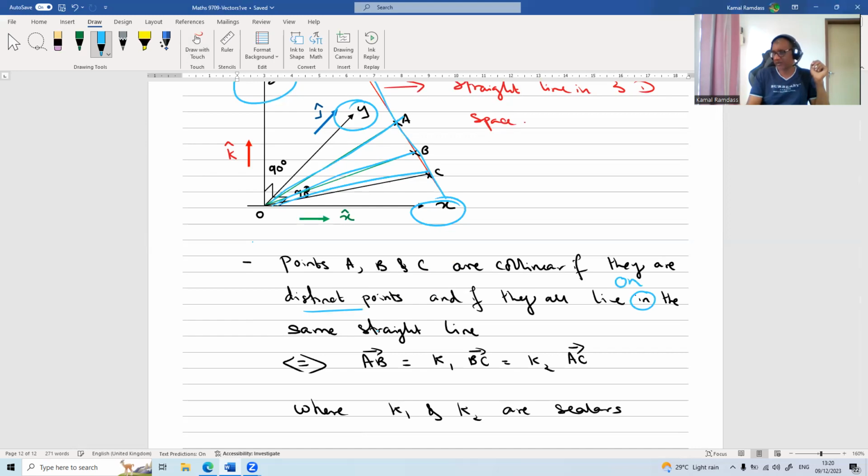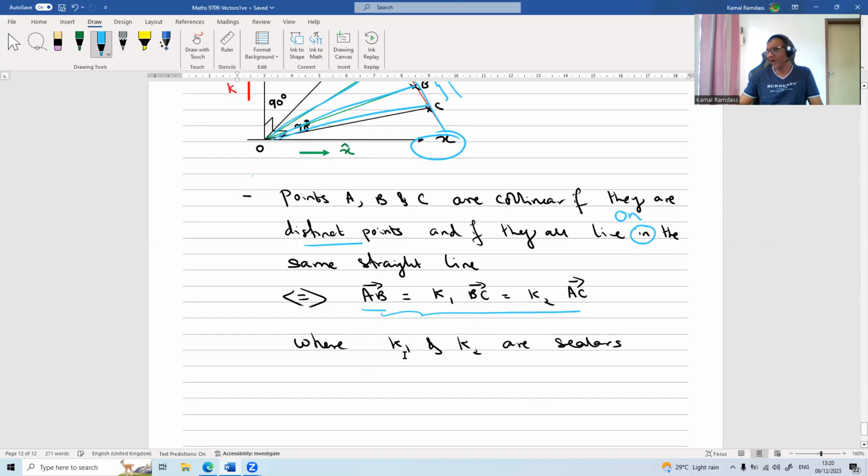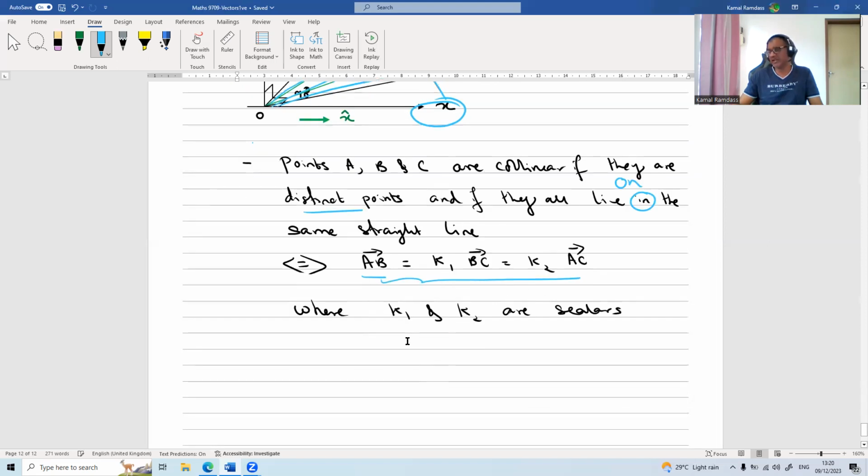That is, if and only if vector AB is equal to some scalar times vector BC, because they are the same direction, different size, or another scalar times the other vector. OK? As soon as we have such a relation, we can say that the points ABC are collinear, where k1 and k2 are scalars.